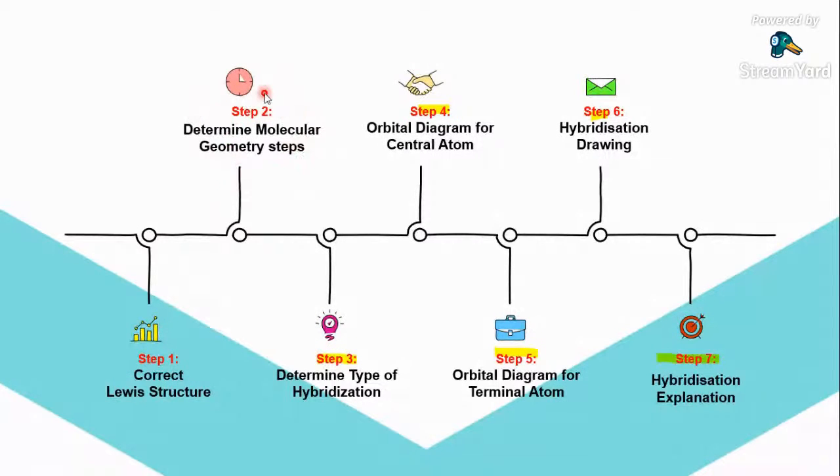These two you learned in part B. If your Lewis structure is wrong, normally the teacher will be very happy, because for the rest of your answer scheme, just make a cross. So I hope you master step 1, the correct Lewis structure.